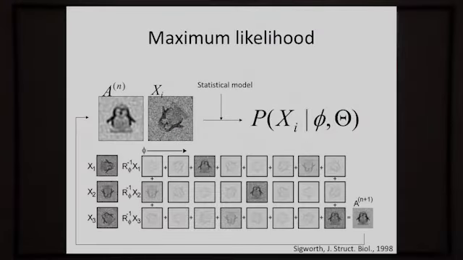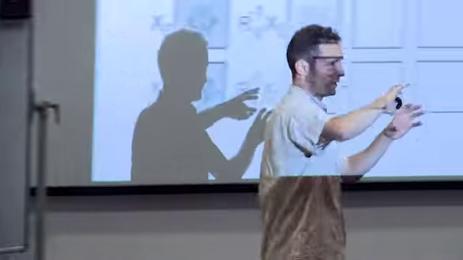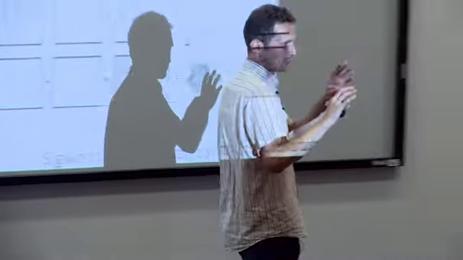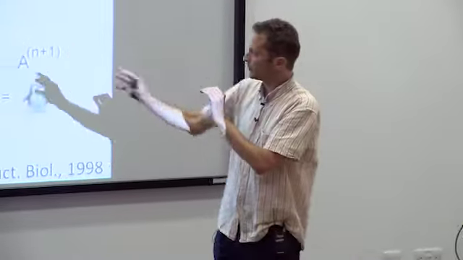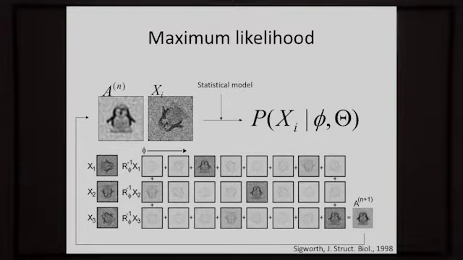I went over this factor phi, the relative orientations of all the images, too quickly, but what we're going to do with it is better explained here. We're going to calculate this probability for all possible orientations of this image xi relative to the reference.